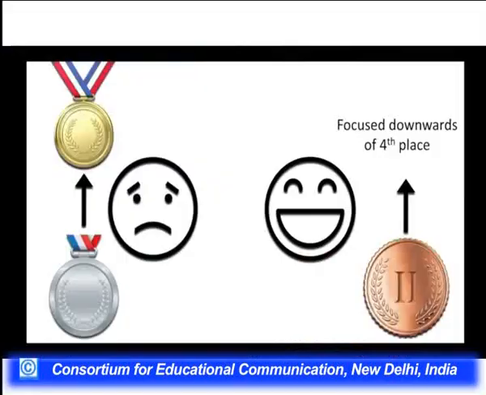The silver medalist had an opinion about himself that he would win the gold medal. But he missed that gold medal and reached the level of silver, so his reference point was winning the gold, which he could not win. Because of that, he is not as happy as the bronze medalist.